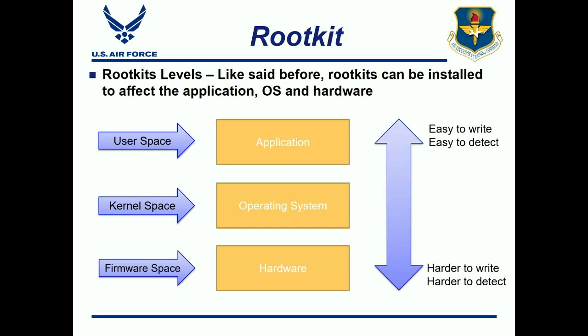Now, depending on where this rootkit is installed, like let's say the application, the higher it is on the OSI model, the easier it is to write this rootkit and the easier it is to detect. The further you go down, like to the hardware, the harder it is to write this rootkit and the harder it is to detect as well.